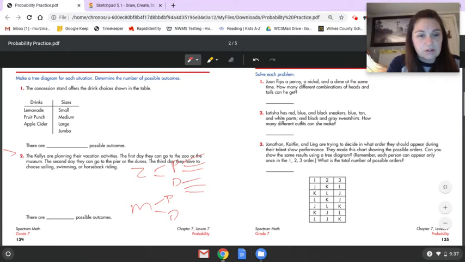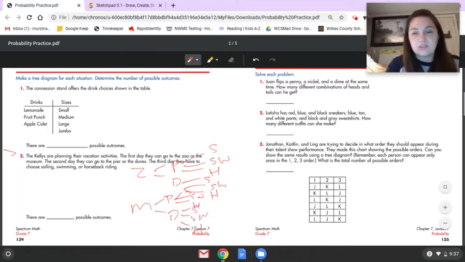And then the third day, they can choose to go sailing, swimming, or horseback riding. If they go sailing, swimming, or horseback riding, and they would have the same down here. There would be 3, 3. Sorry, it's kind of smushed up. But maybe if you list yours out on the paper, it won't be so crowded.